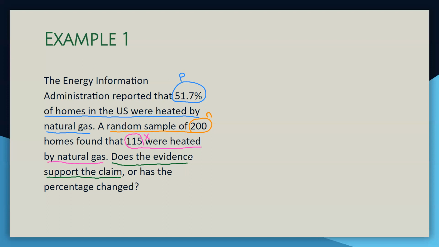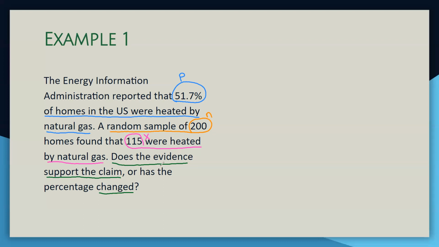And then it says, does the evidence support the claim, or has the percentage changed? So looking at this information, I see all of the familiar information for proportions, successes, and sample size. I know that if I divide the successes by the sample size, I'll get my sample proportion.